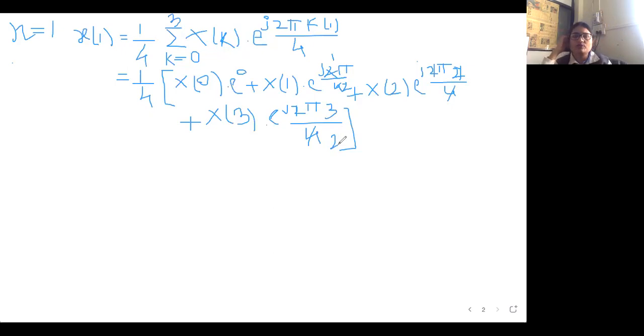So I am going to substitute the values accordingly. Further, we will now substitute the values of the DFT. So what is the first DFT value x of 0? X of 0 is 10. So I am substituting here.